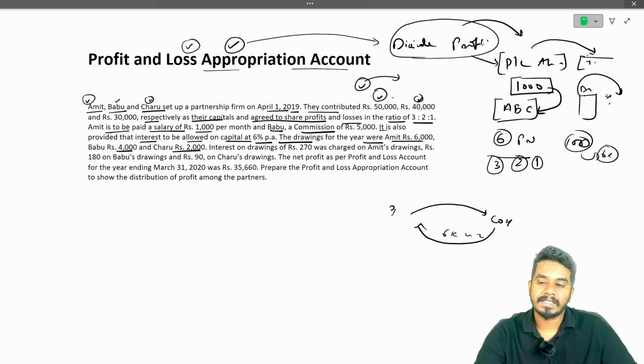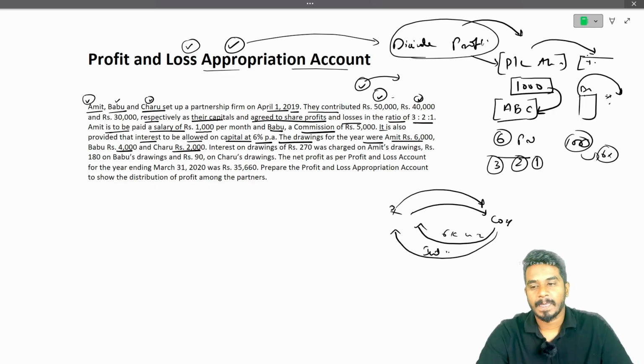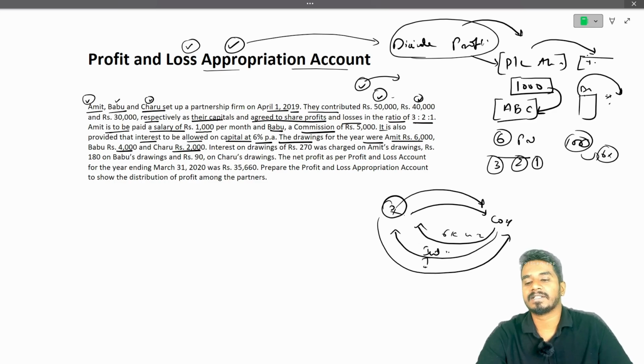If partners are investing in the company, the firm will pay interest, correct? By the same logic, if the partner withdraws from the company, the partner needs to pay interest to the firm. So vice versa.